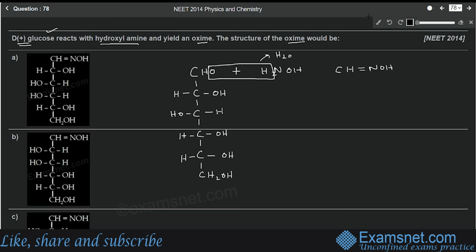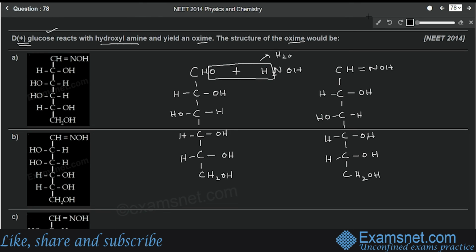The rest of the things remain the same. That means 5 more carbons, and then at the first carbon OH on the right side, at the second carbon OH on the left side, at the third and fourth OH on the right side, and in the last carbon CH2OH. At the rest of the positions we have hydrogen.